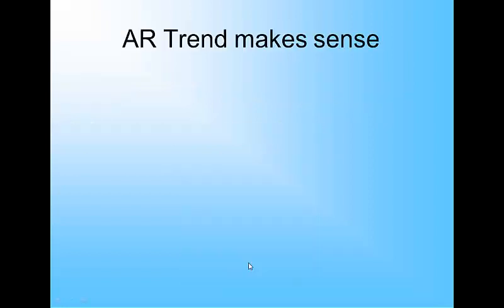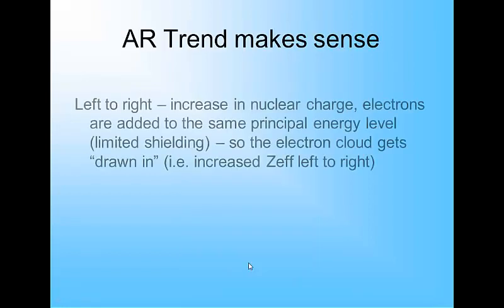The atomic radius trend makes sense. As you go left to right or across the periodic table, you're increasing the number of protons, aka increasing the nuclear charge. Electrons are being added to the same principal energy level, going across, mind you. So as you're going across period number 4, you're still in period number 4, but you're adding protons and electrons to it.